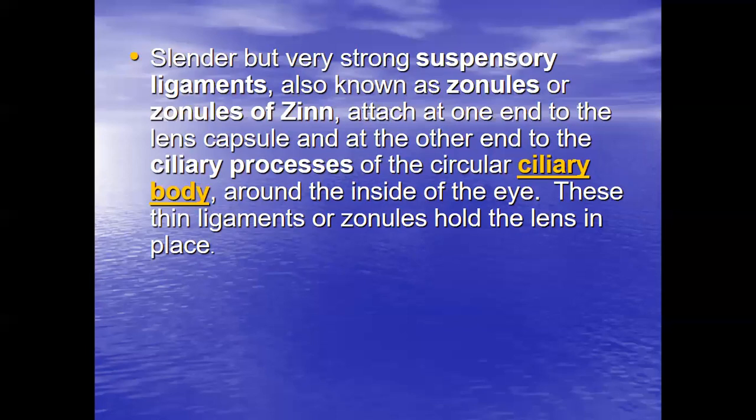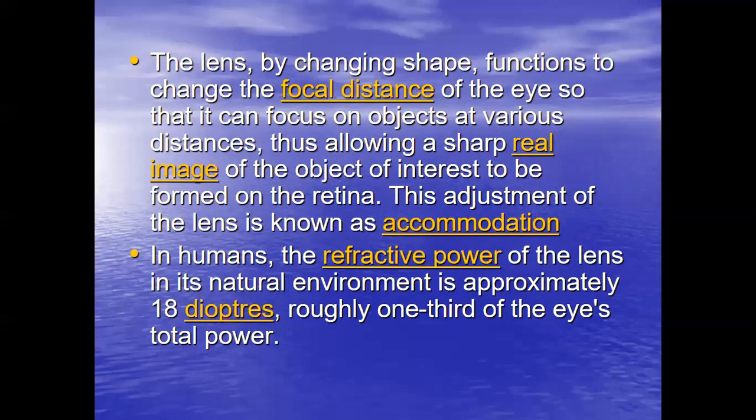Accommodation is actually the physiological function of the lens. The lens, by changing shape, functions to change the focal distance. This is the same point that I was just discussing, and it tries to converge the light rays onto the retina, and the phenomenon of converging the light rays onto the retina while looking at a near object is called accommodation.